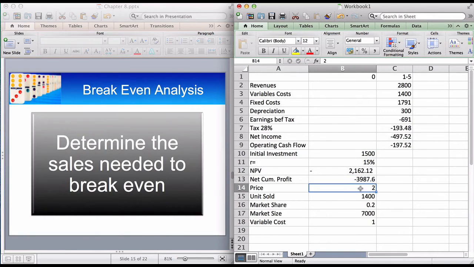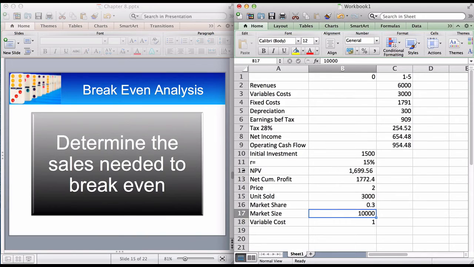Now you'll see that under these variables, market size of 7,000 and market share of 2000, it was a negative cumulative profit, so it was a loss. I've gone back to the original variables here, and then there's a positive cumulative profit. And the cumulative profit will always be greater than the NPV because we're discounting the future cash flows. So the NPV takes into account time value of money.